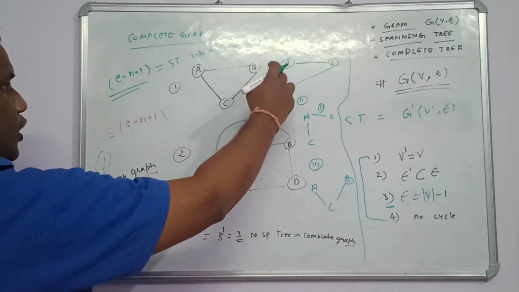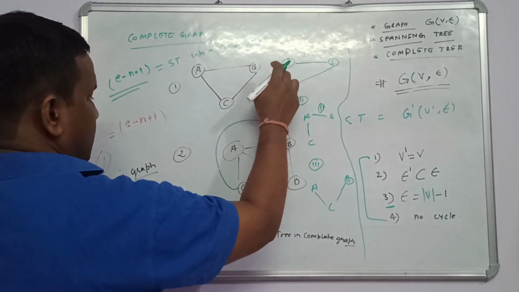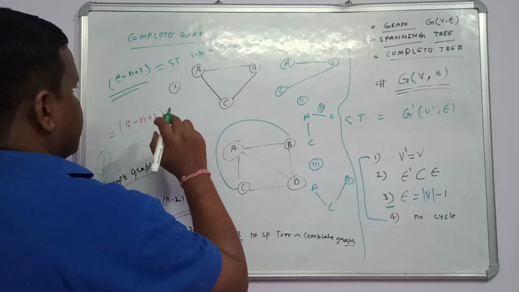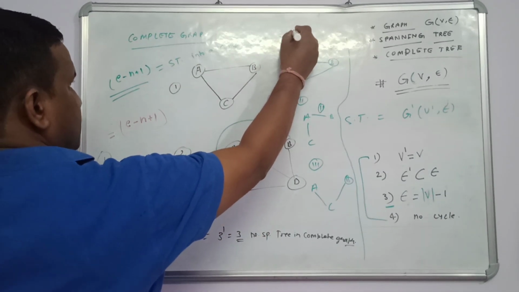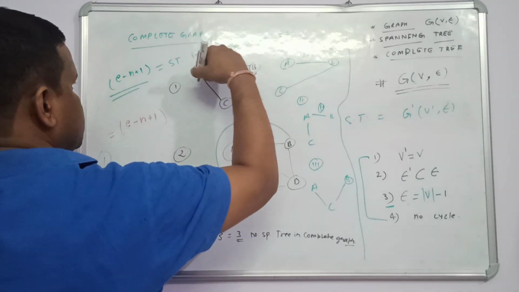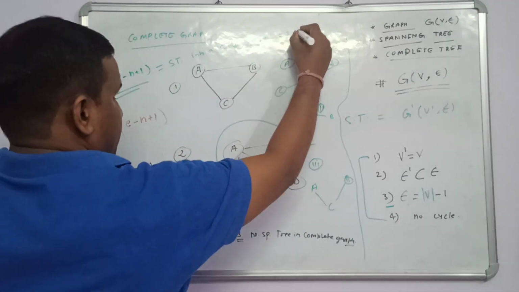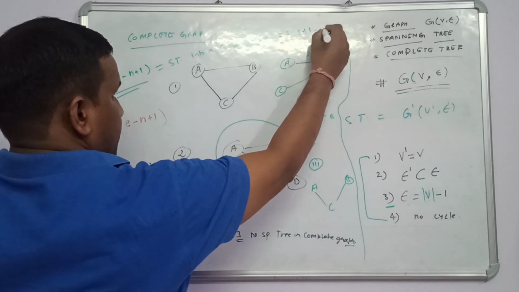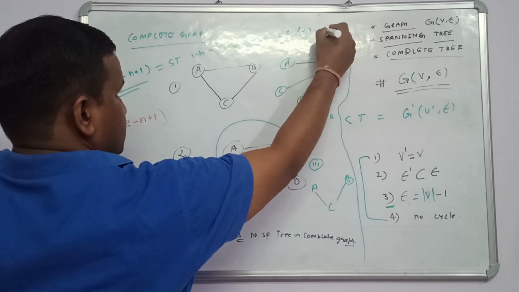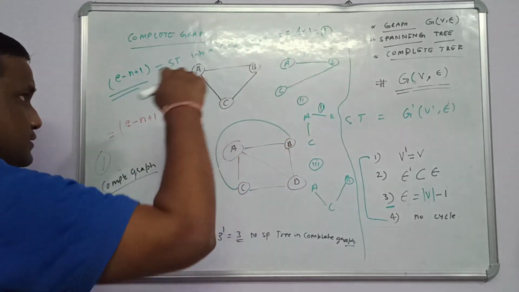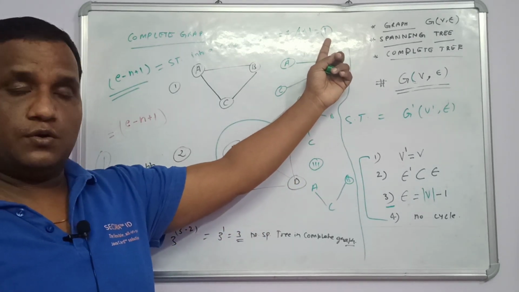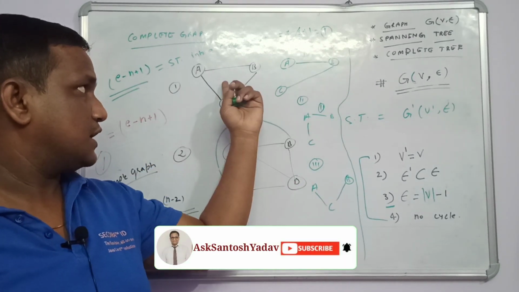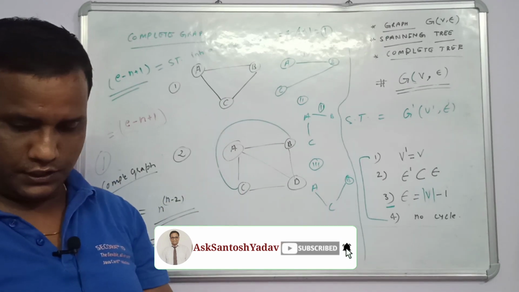Let's see how many edges we have removed for this spanning tree from this given graph. We have number of edges, 3, minus vertices 3 plus 1, that is 1. So we have removed 1 edge from this graph and found the spanning tree.